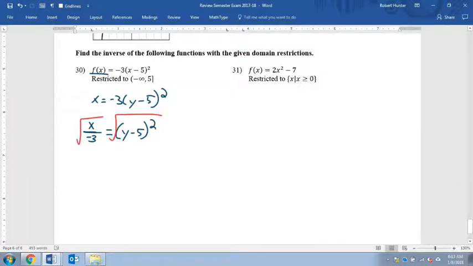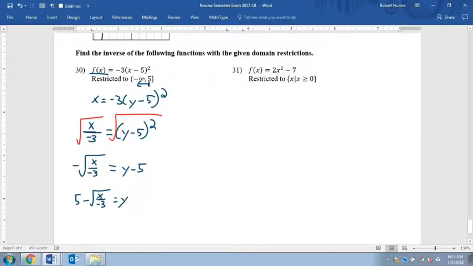This is where we have to decide what sign we want. Because I want everything to the left, 5 to negative infinity, I have to put my negative out in front of it. That is the restriction. Then add the 5. So your final answer is 5 minus the square root of x over negative 3 equals y.